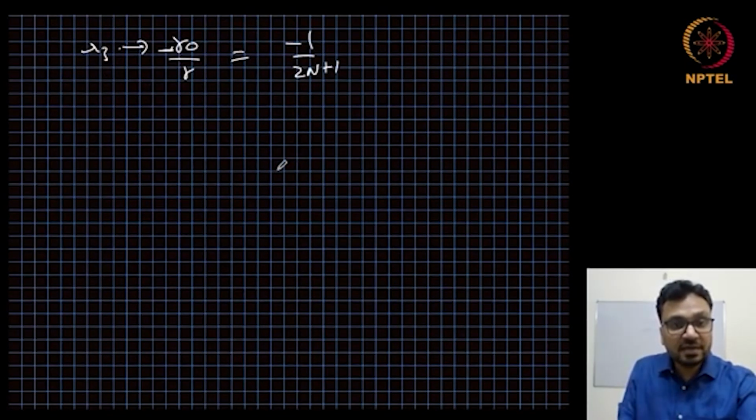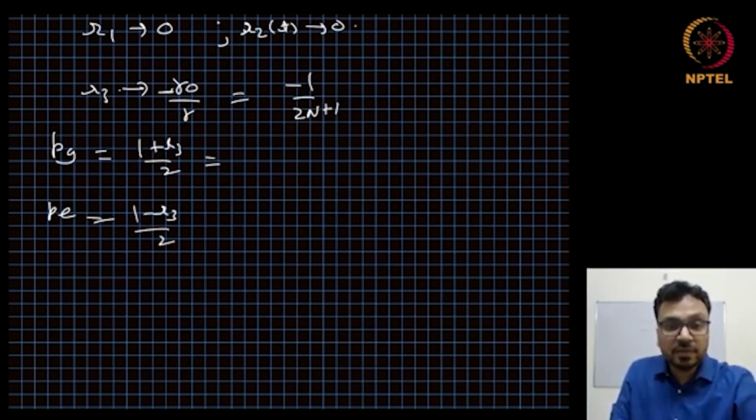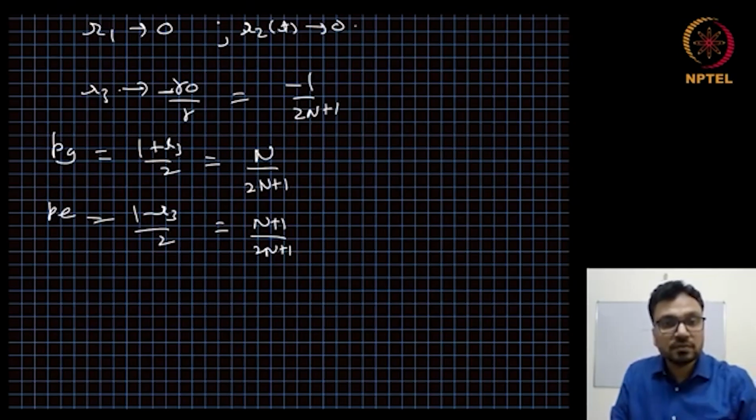From here, we can calculate the probability of the ground state and the probability of the excited state, which is (1 plus R3) over 2 and (1 minus R3) over 2. And they come out to be (n plus 1) over (2n plus 1) and n over (2n plus 1). And these are the populations in the thermal state.